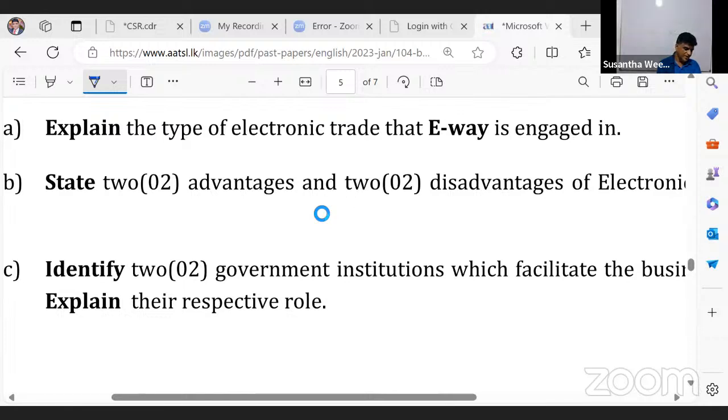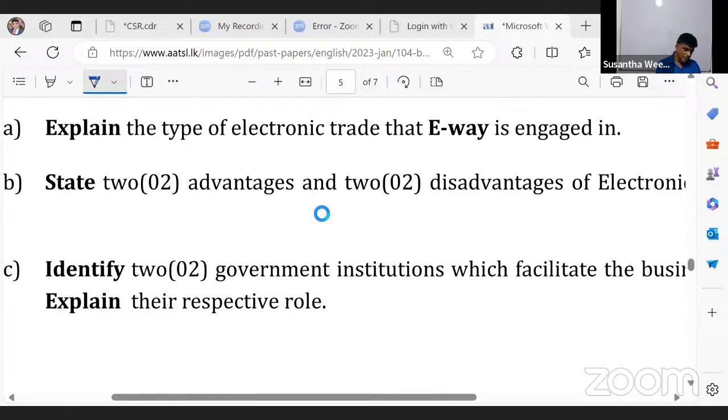There are many payment options, a wide range of payment options available. Another thing is customers can buy goods from any country. There is no geographical limit. They can place orders, right? And out of these, you can write any.